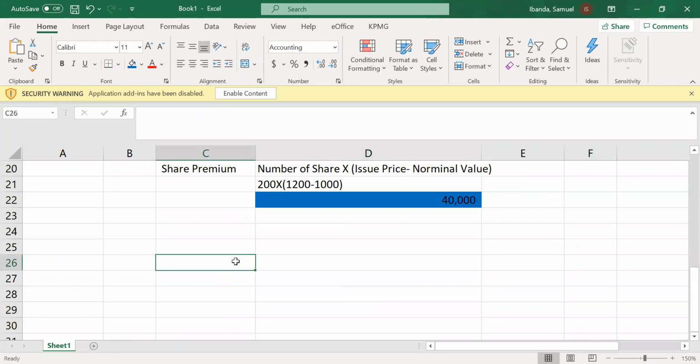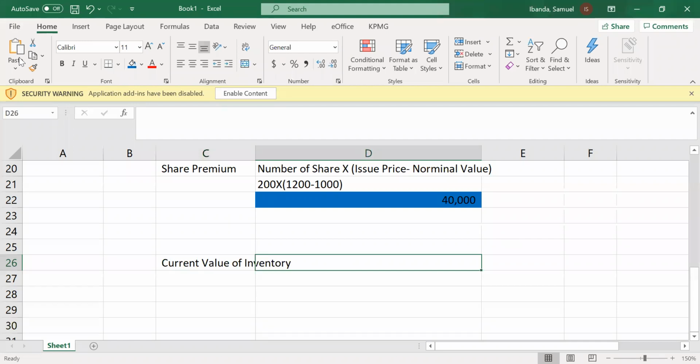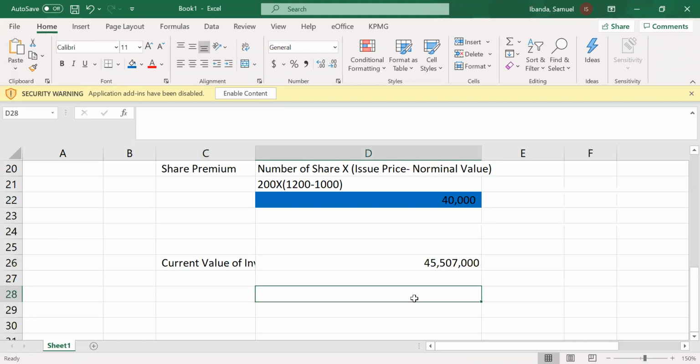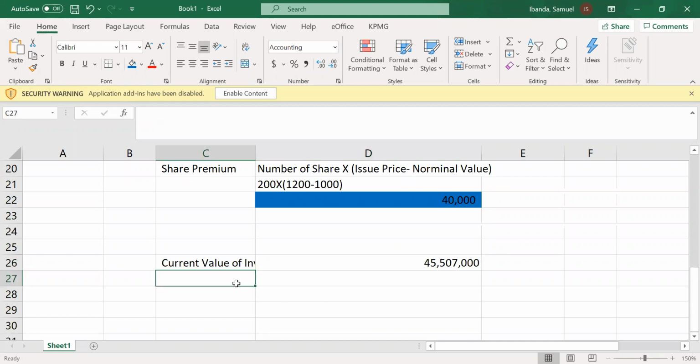So I can say, my current value of inventory. So this is the current value of inventory. So this is what I have. But included here is inventory. What they have told us, 6.7, that should be at 4.5. So this is what I do.